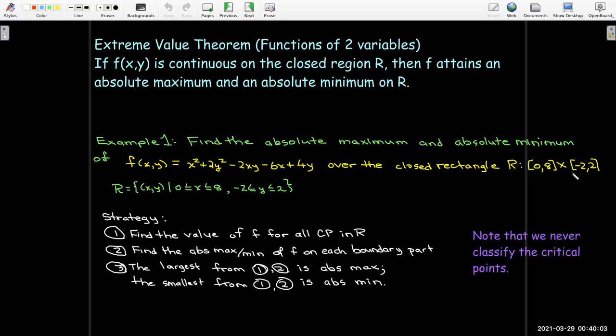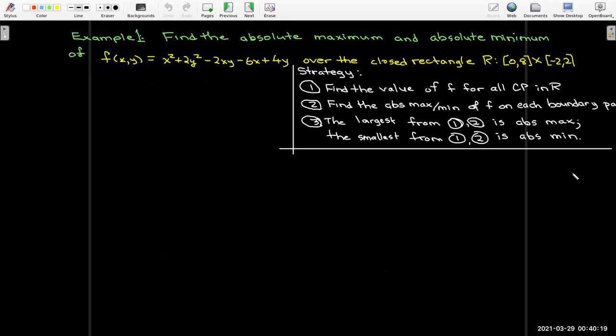And again, we don't really care if the critical points are local mins or local maxes. We're just going to find the function value and choose the largest for the absolute max, the smallest for the absolute min. All right, so let's implement our strategy.